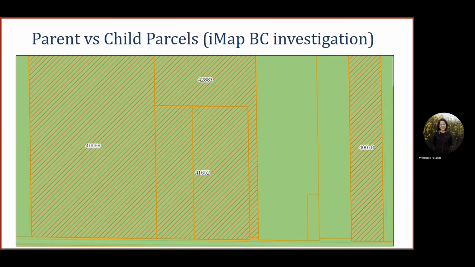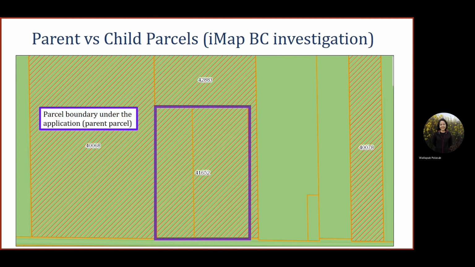Starting here, this is called a parent parcel because this whole purple area is the original PID, or the parcel boundary, that goes under the application for subdivision. If you look at it, there is a line in the middle here, representing that it now looks like two parcels instead of one. It means that originally it was one parcel, and after the application was approved, the original parcel became two parcels.